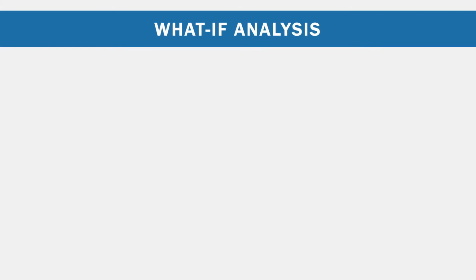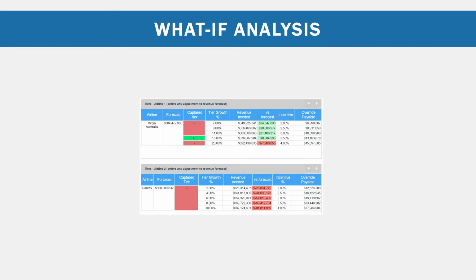And then what a travel agency is then able to do once we have that forecast information, wow, that's really hard to see, is, so in the first box, what you've got are two airlines. You've got Virgin and Qantas. The second box beside them is the amount that's been forecast in terms of revenue.